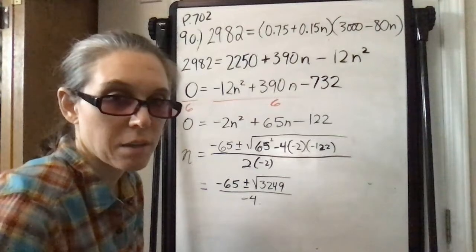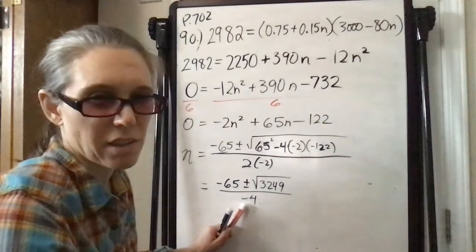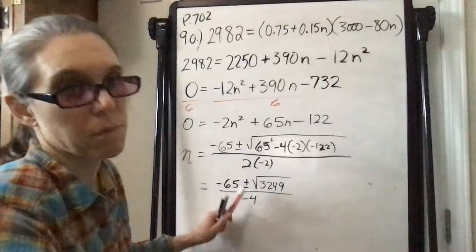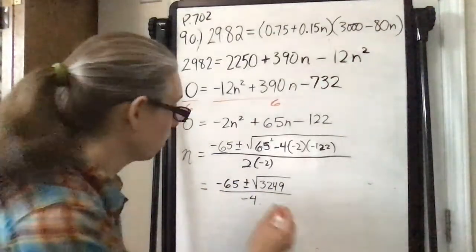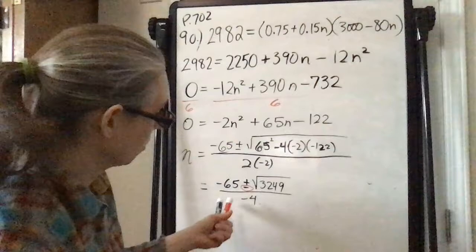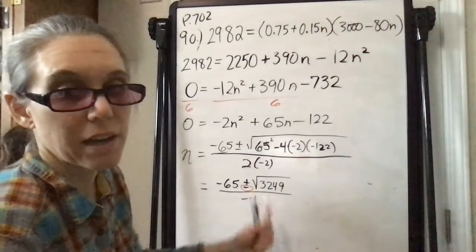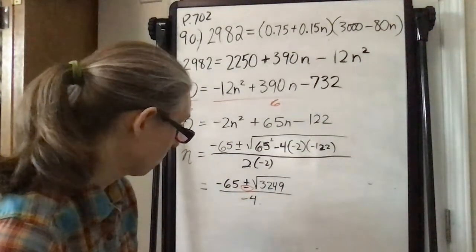Now, in order for n to be non-negative, I have a denominator that's negative, which means I need my numerator to also be negative. So this time I'm choosing the negative because I need a negative numerator divided by a negative denominator.